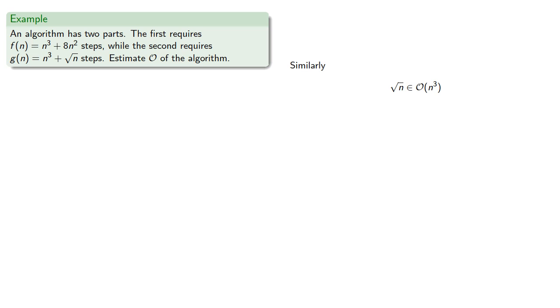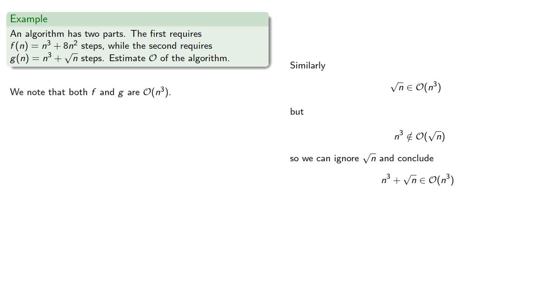Similarly, square root of n is big O of n cubed, but n cubed is not big O of square root n, so we can ignore square root n and conclude our second function is also big O of n cubed. And so both f and g are big O of n cubed, so their sum is big O of n cubed.